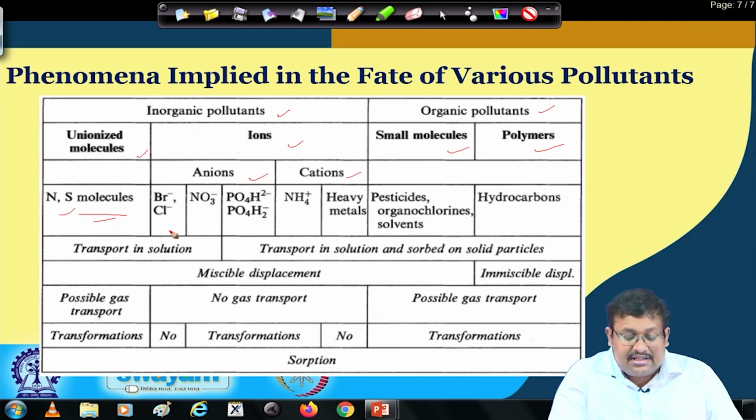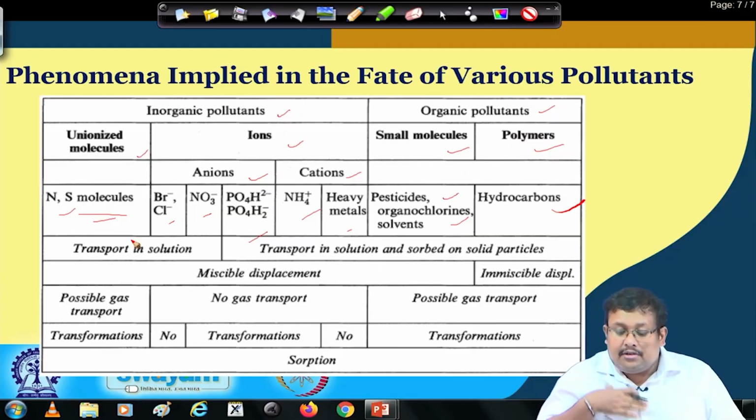Among the anions, obviously, bromide, chloride, nitrate, and also different types of primary orthophosphate and secondary orthophosphate ions. Among the cations you can see ammonium and different types of heavy metals. Among the organic pollutants, small molecules include pesticides, organochlorines and solvents, and polymers include hydrocarbons. These are some of the classifications of inorganic and organic pollutants, unionized molecules and ions, and small molecules and polymers.